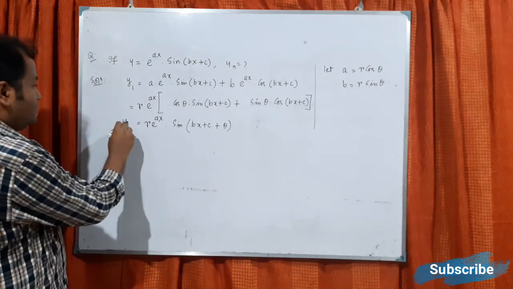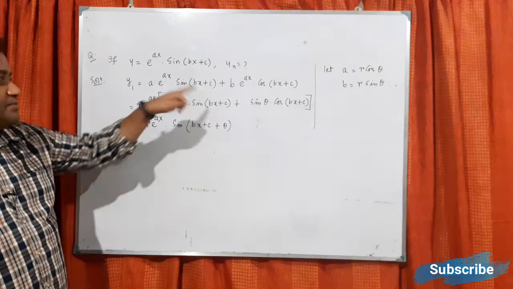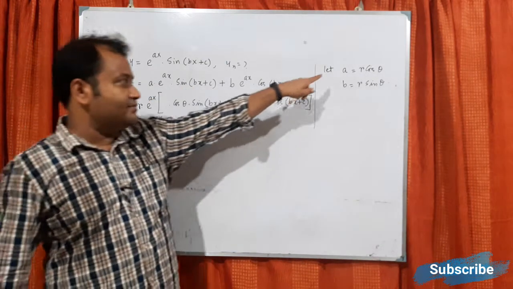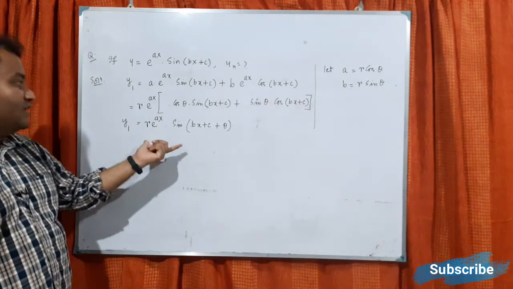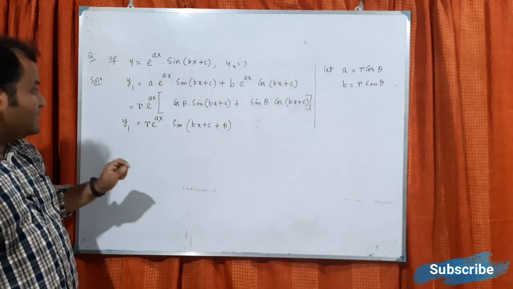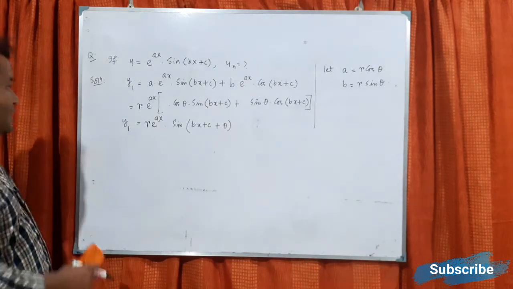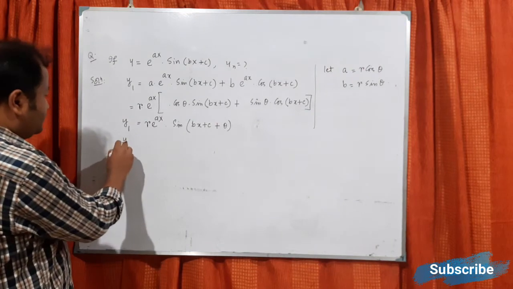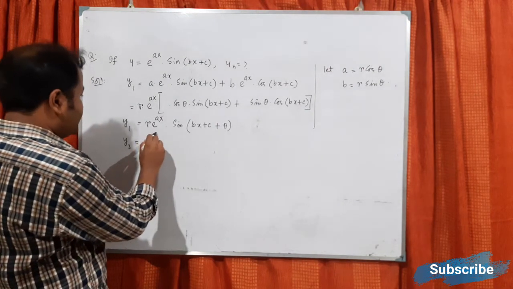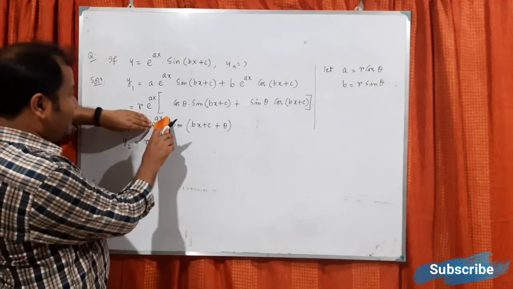So this is y1. What we have done, this was a big expression for y1. We try to reduce y1 by doing this substitution, and finally we have got a very compact form, looking like the same y, only something is extra: here r is extra and here theta is extra. Now if I again go for y2, again r is a constant, so if you forget about r, then again it is u into v form.